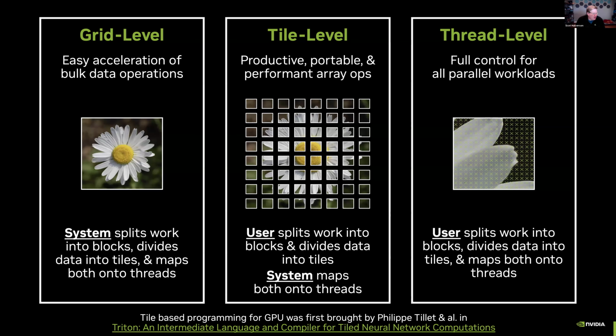Historically we've had two major approaches. The first was the thread level model that we see in CUDA, where the user is responsible for defining a kernel. They split work into blocks, divide data. If you need to do tiling, you're doing it on your own, and then it maps all of that onto the resources available.